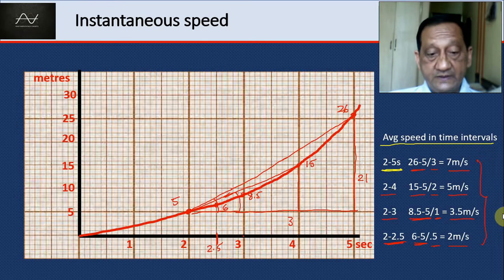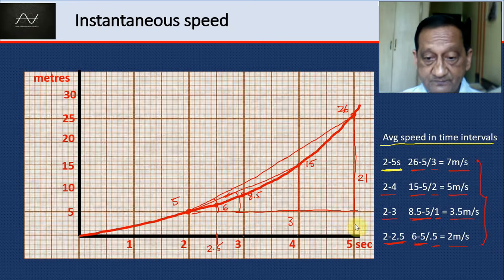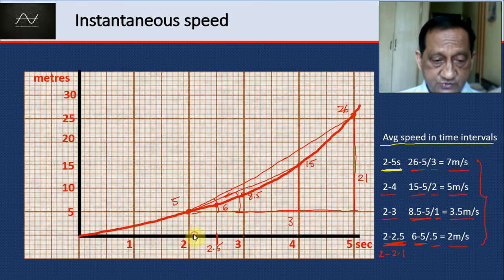So if I talk of instantaneous speed at 2 seconds, that means I have to compress. I was compressing the time interval, right? I had compressed down till 0.5 seconds. Now let me compress the time interval, let us say from 2 to 2.1 second, right? So this is 2.1 second, and the position is just a little bit more than 5.